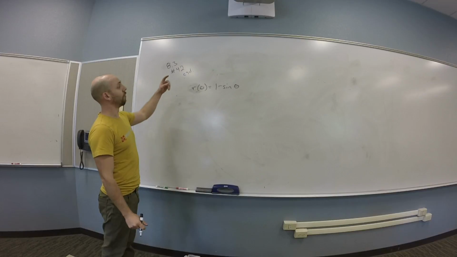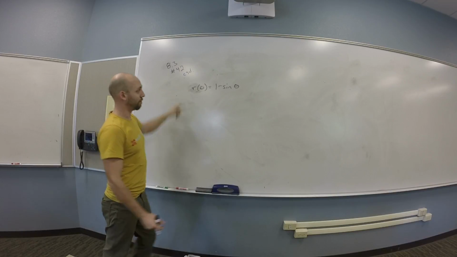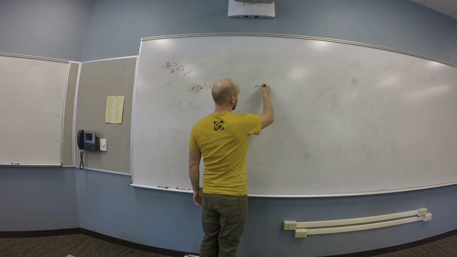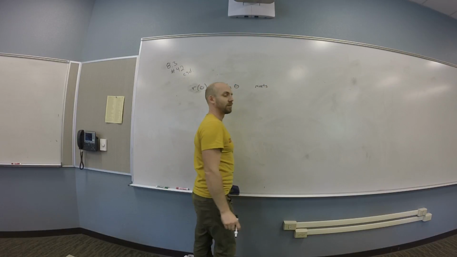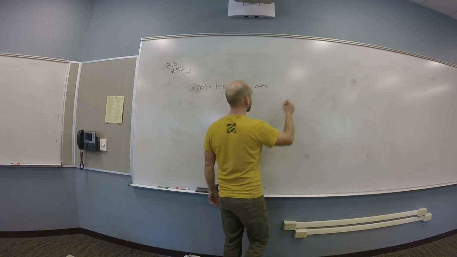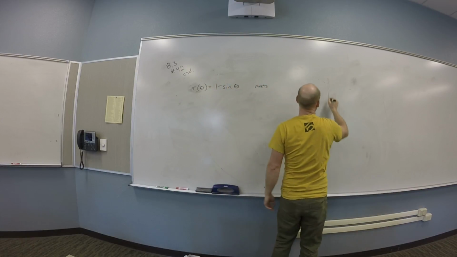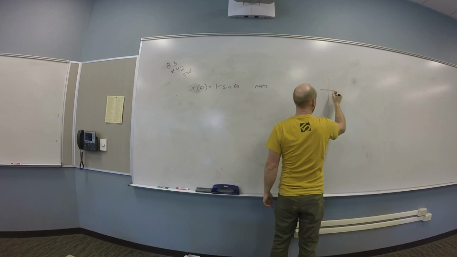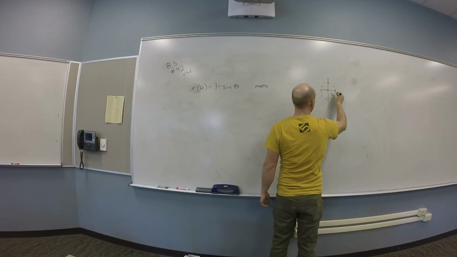So I want to know where this thing meets a circle of radius 1/2 centered at the origin. So I need to make a circle, crappy circle, my bad.